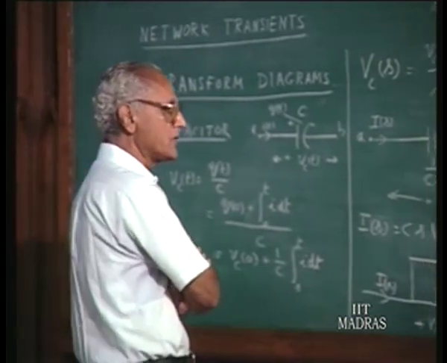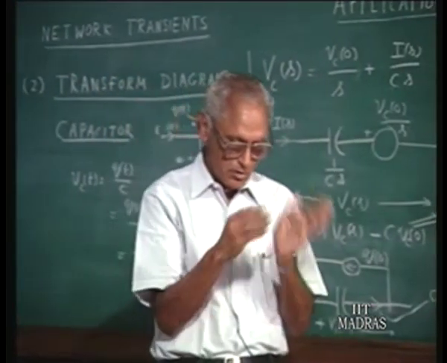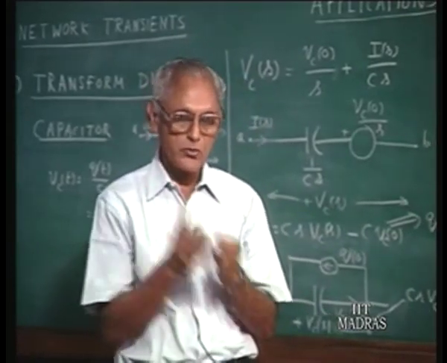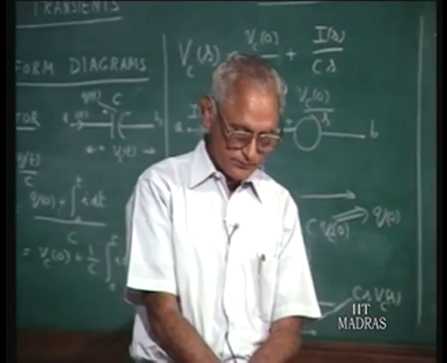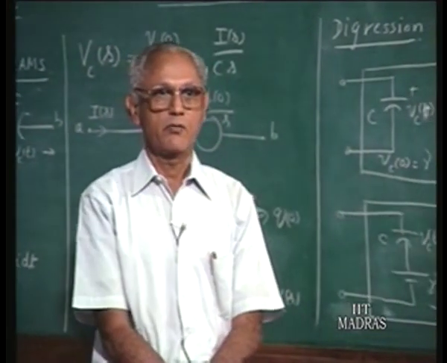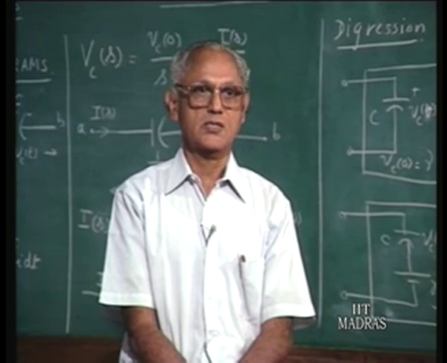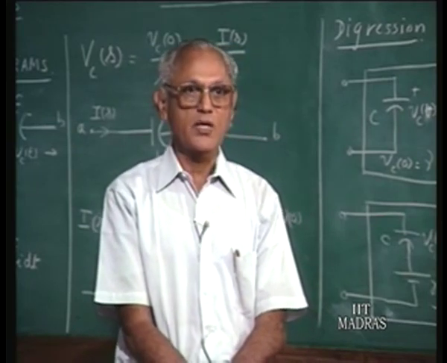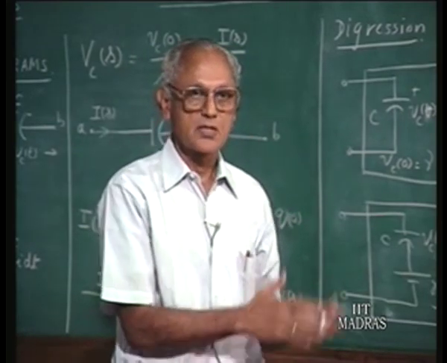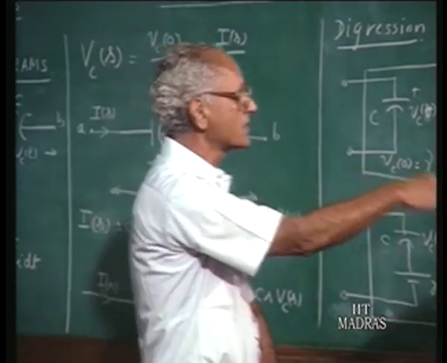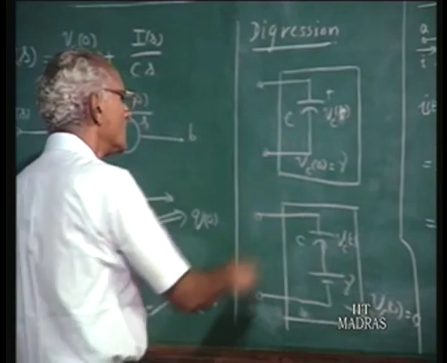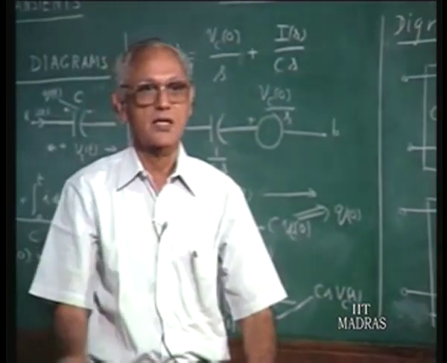If you want to find out the system behavior starting from 0 minus onwards, then you have to use all the initial conditions pertaining to 0 minus. On the other hand, if you are satisfied with the determination of the network response starting from 0 plus onwards, you can substitute 0 plus conditions and carry out the analysis. So in all these conditions, I(0), VC(0) and so on can be either 0 plus or 0 minus consistently right through.